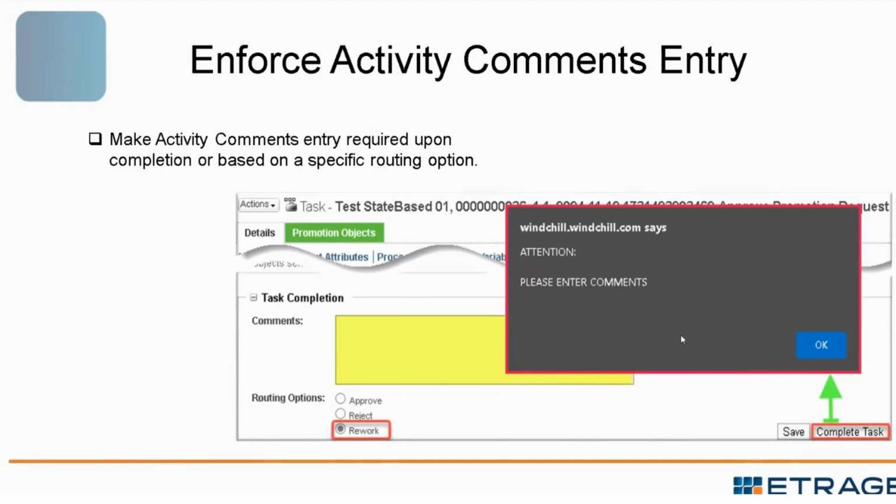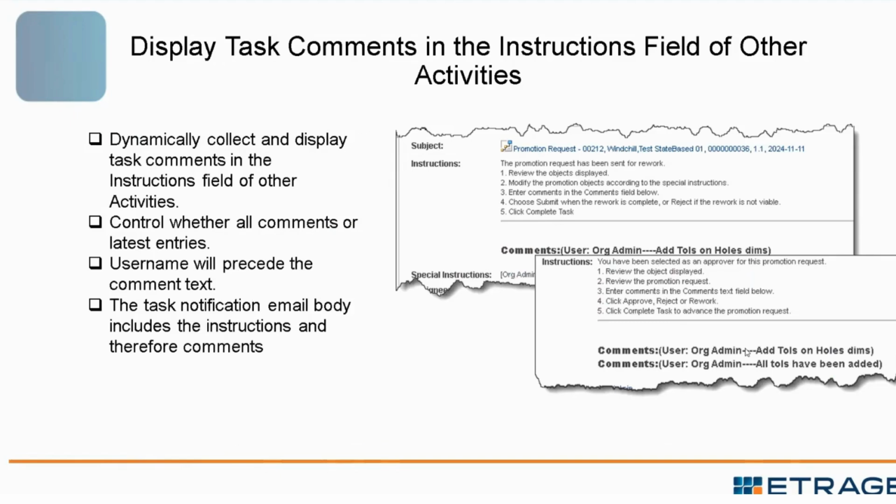What I was able to do, through API and some coding I put together, is take it a step further and make the requirement based on a routing option that you select, and make it optional for all the others, okay? There'll be a demo for that, but I need to cover this because it includes this functionality as well.